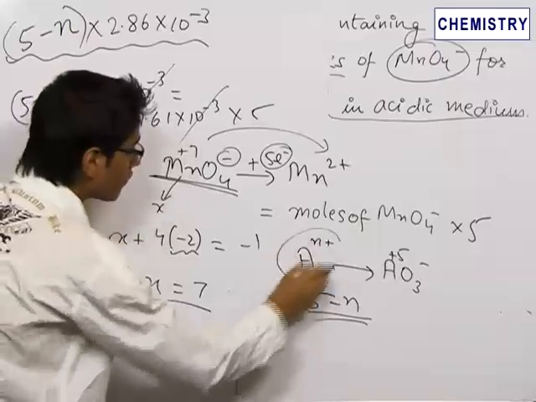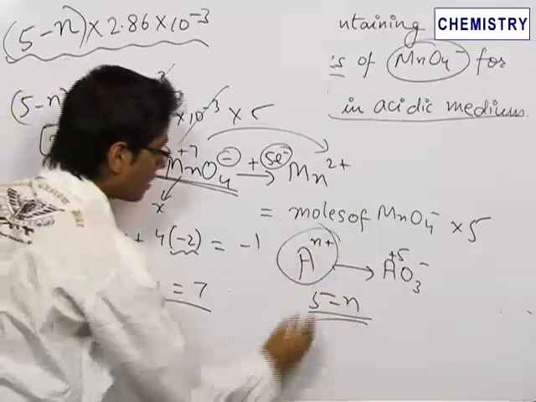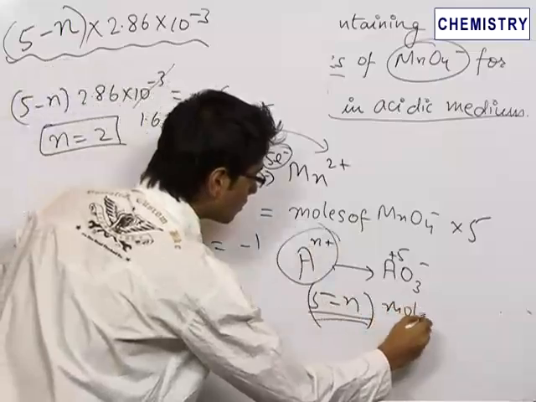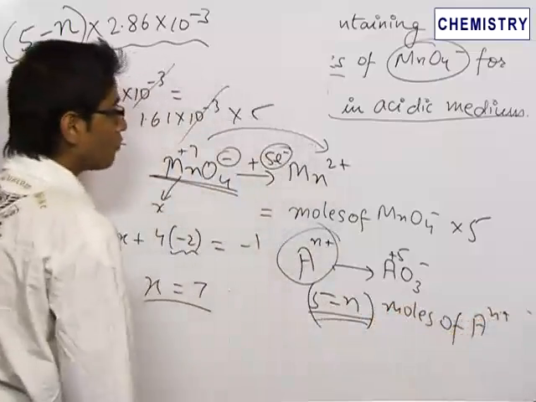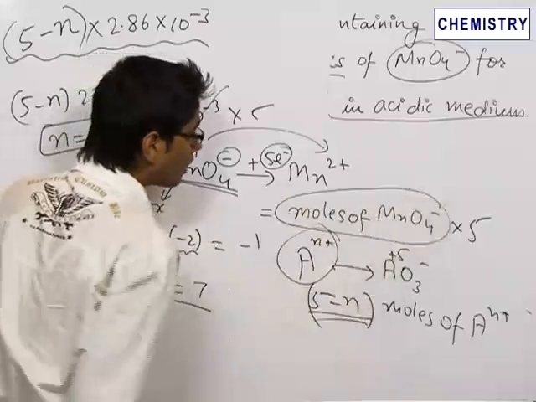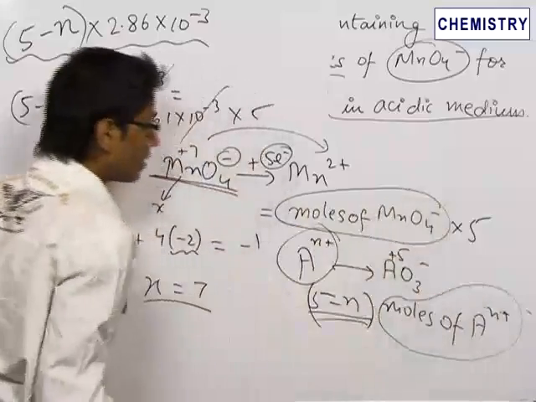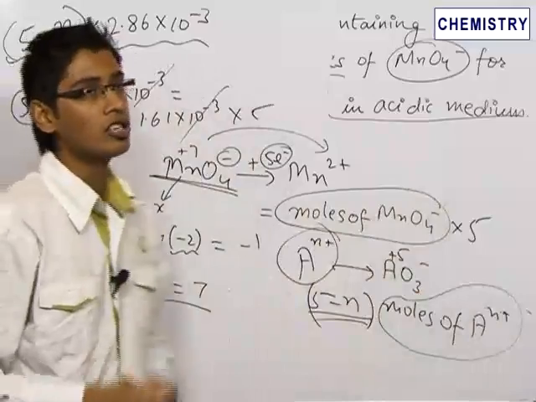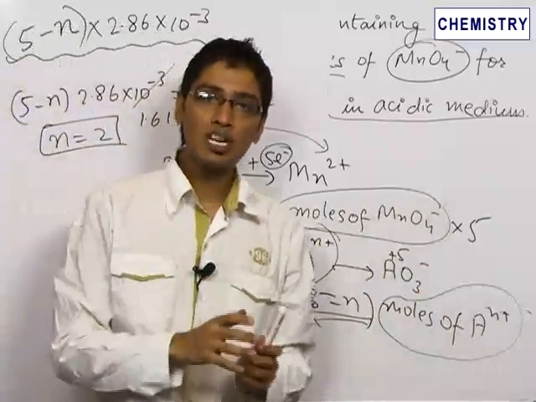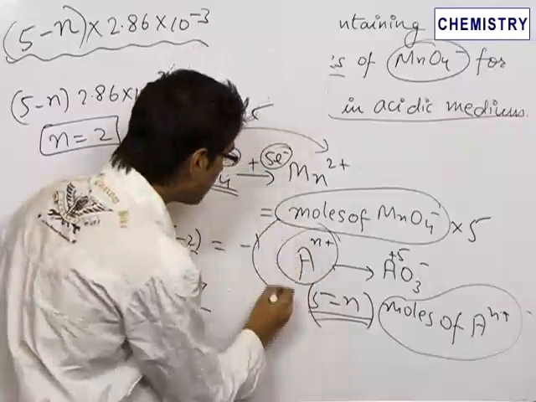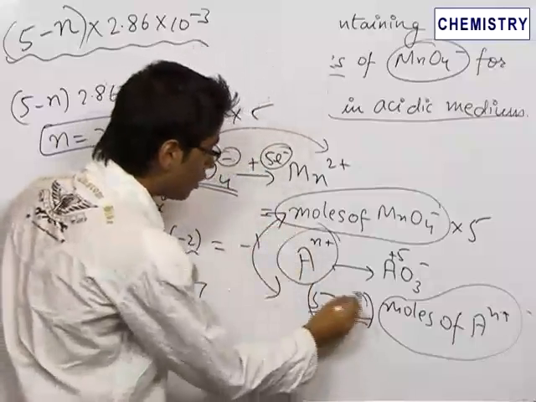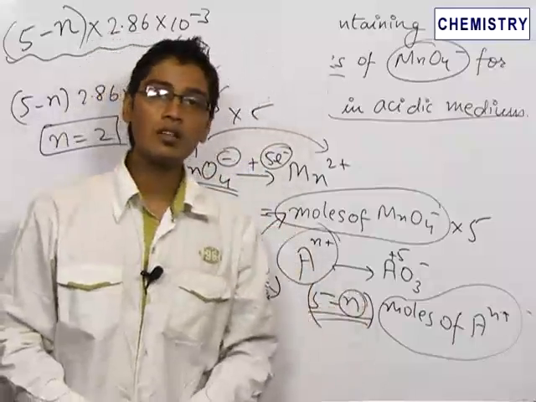Hence the number of equivalents of A^n+ was 5 minus n into the moles of A^n+. Now in the question we are provided with moles of MnO4 negative and the moles of A^n+, and we know that during any redox reaction the number of equivalents of the oxidizing agent is equal to the number of equivalents of the reducing agent. Hence on equating these two we get the final value of n as 2, which is our final answer.